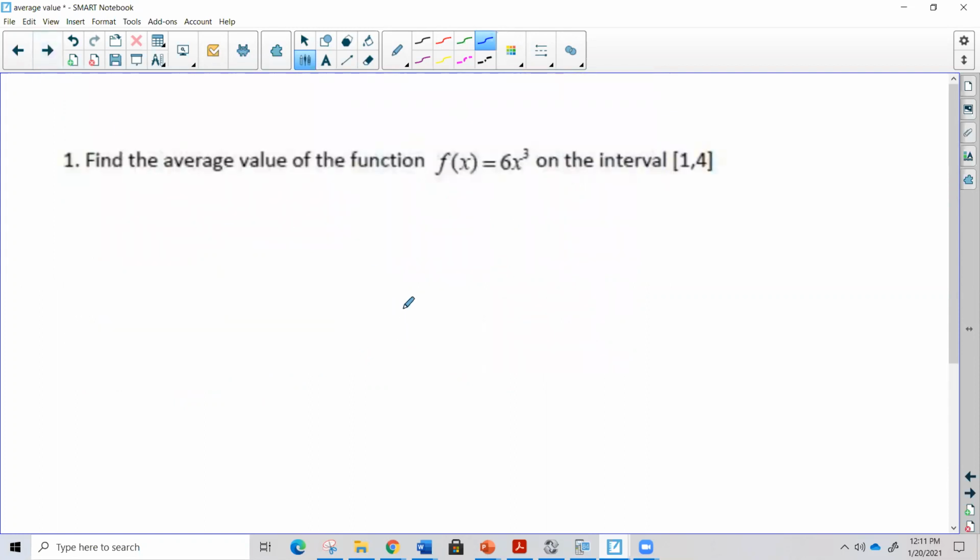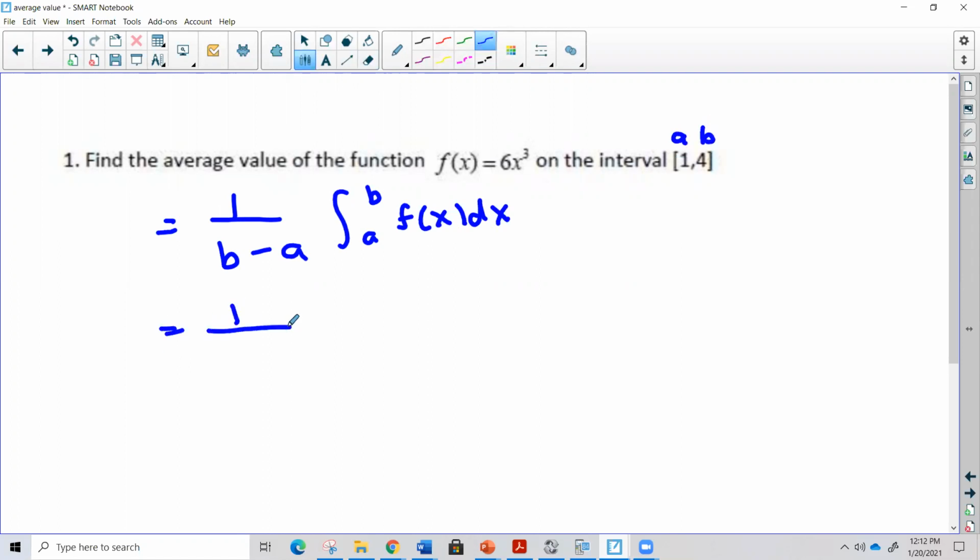Okay, so let's do an average value problem. It says find the average value of the function f of x equals 6x cubed on the interval 1, 4. We just use that formula. The formula for average value is 1 over b minus a times the integral from a to b of f of x dx, where a is the start of my interval and b is the end.